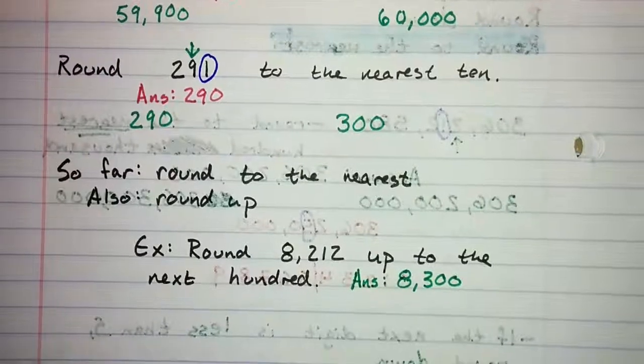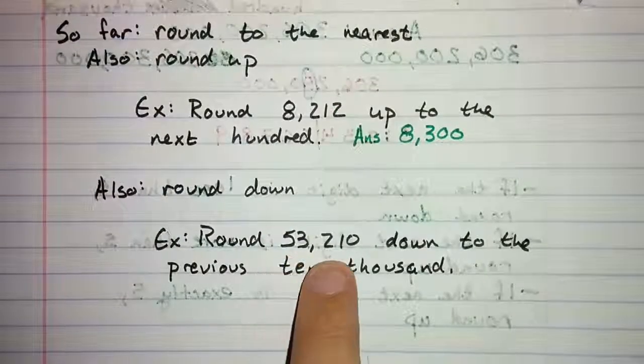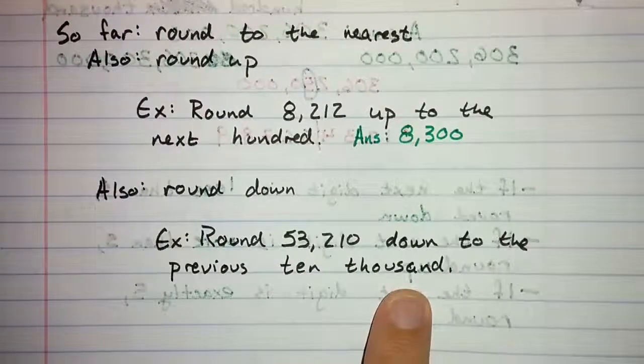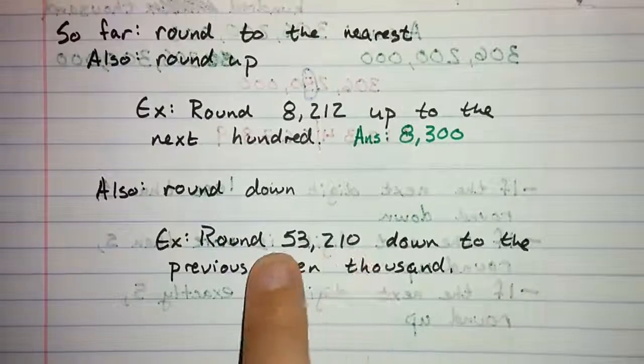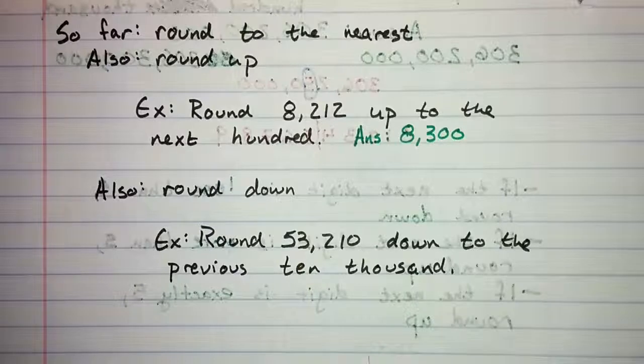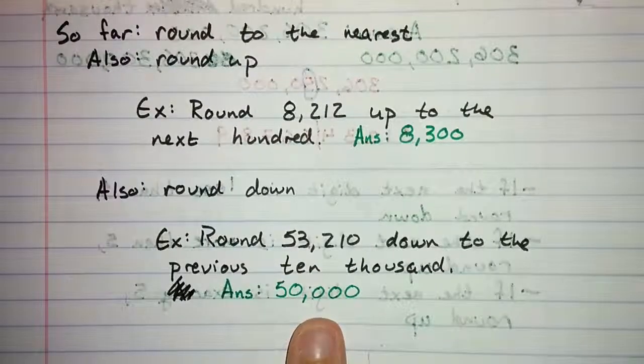Sometimes we want to always round down. So for example, we might be told to round 53,210 down to the previous 10,000. Well, this is between 50,000 and 60,000, thinking about the 10,000s place. The previous one, it's just 50,000.